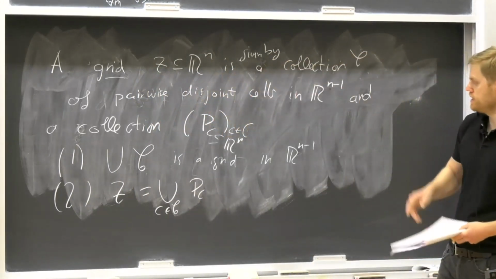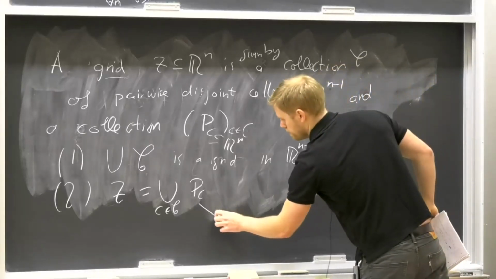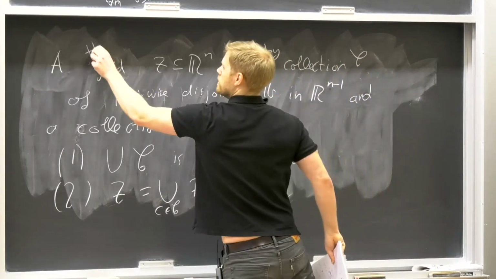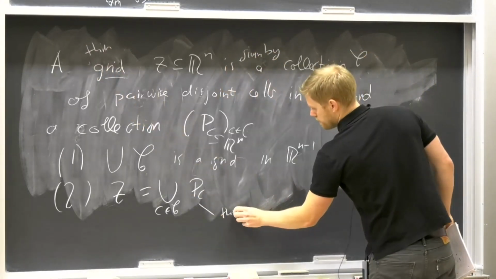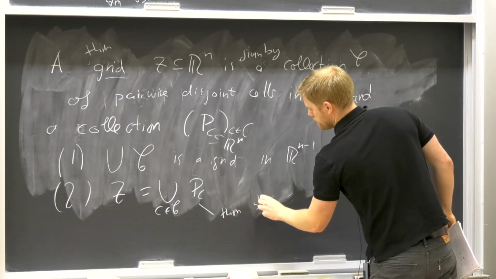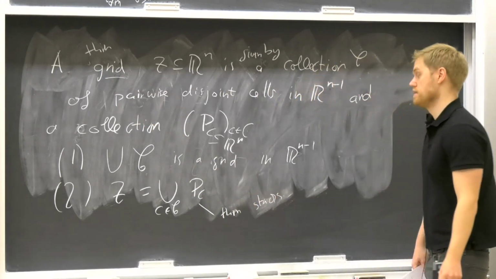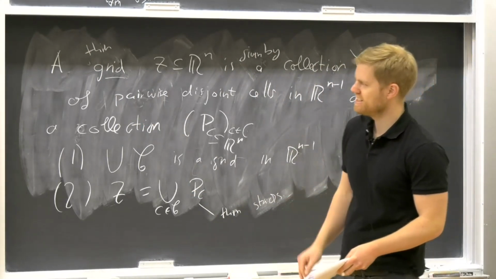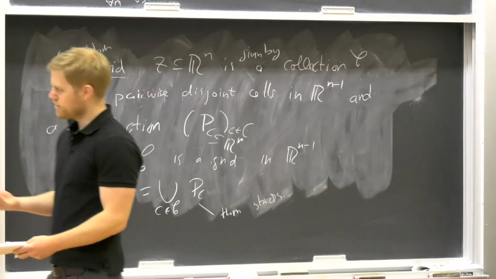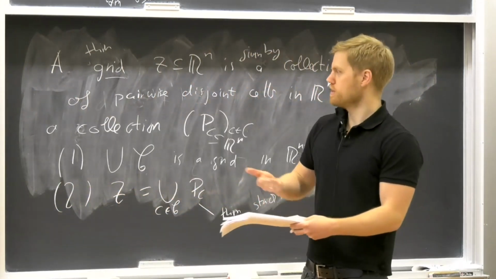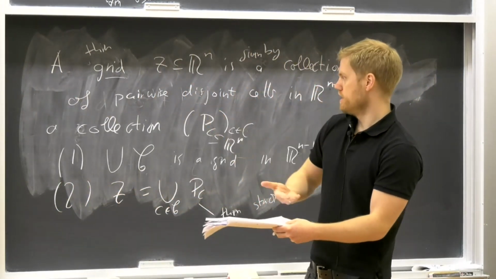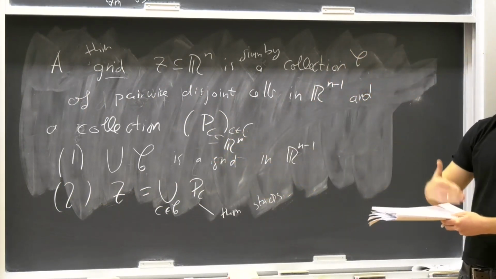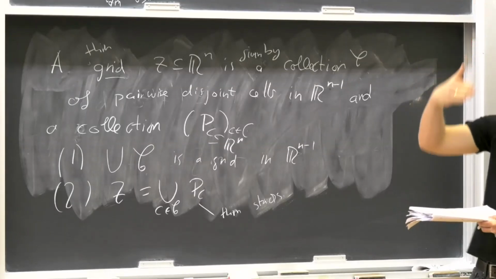That would be now a thin grid of thin stacks. It's hard to draw, but in R3 you would have a thin stack lying like this, and then over each of these cells in the thin stack, there would be another thin stack going up.